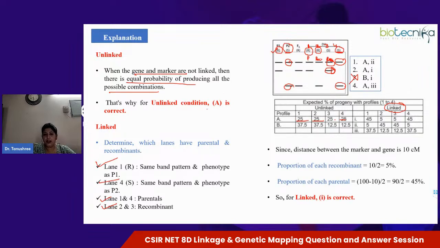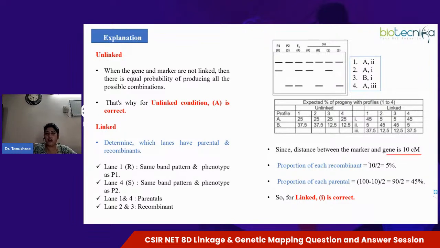Now it is mentioned in the question that the distance between the marker and the gene is 10 centimorgan, right? So 10 centimorgan means the proportion of recombinants will be what? Two recombinants are there, so 5% each.